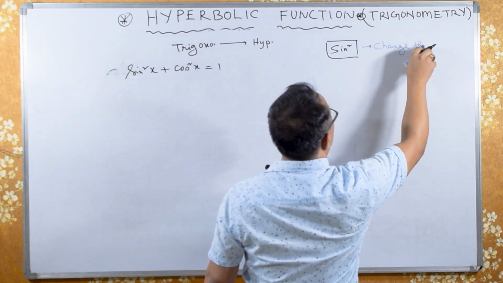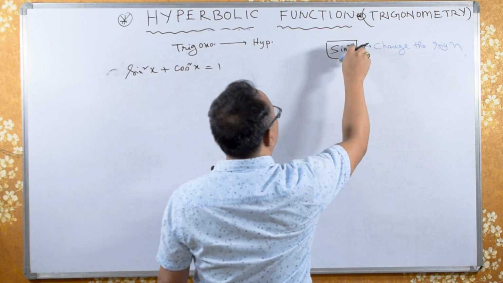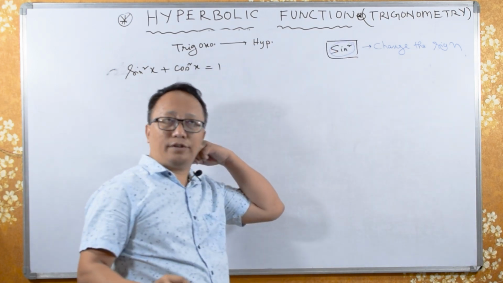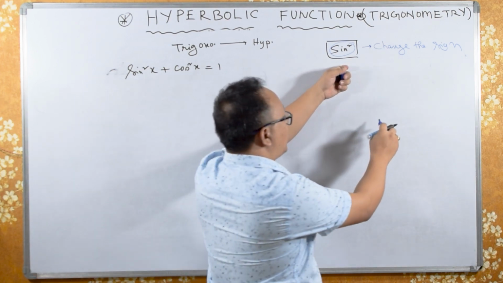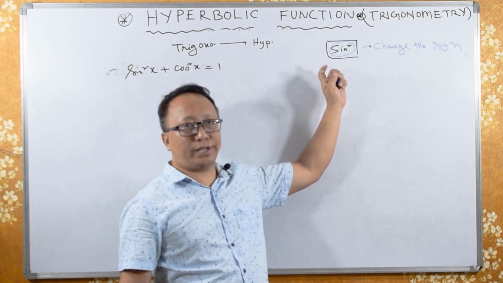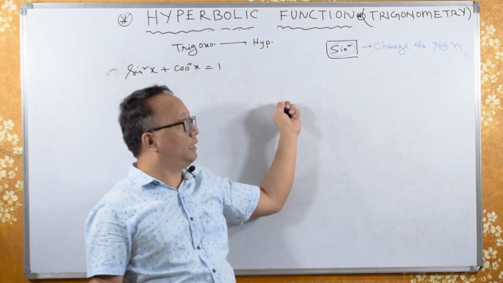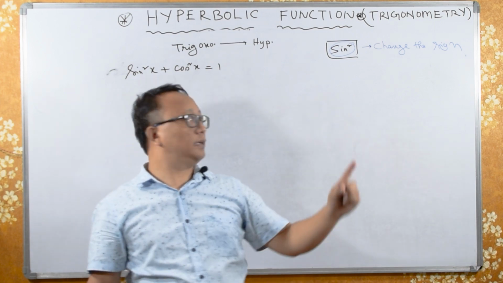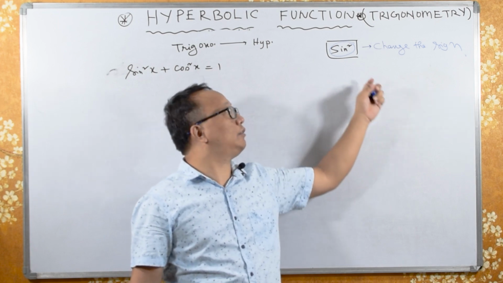For example, tan also involves sine, since tan is sine by cos, so in that term also we have to change the sign, if you want to write from trigonometric to hyperbolic. Even cosec x square is 1 by sine square, there also we have to change.